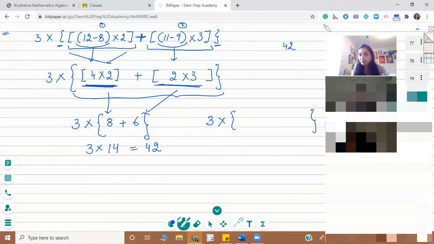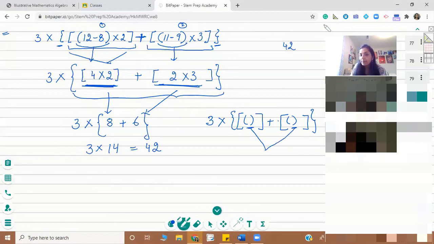Inside this outermost, they have given us 2 square brackets, right? Now, inside these 2 square brackets, there is one more round bracket, right? So what am I saying? I am saying that we have to start with the innermost. Which are the 2 innermost brackets? This one and this one, right?